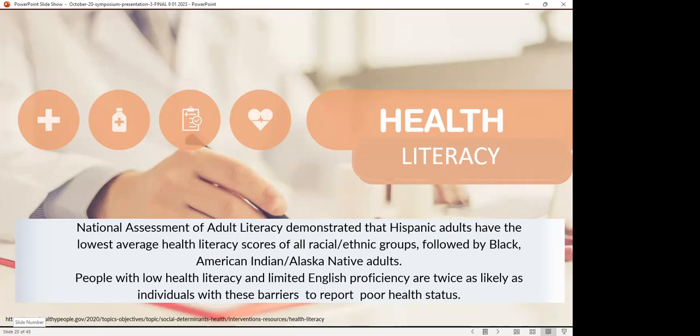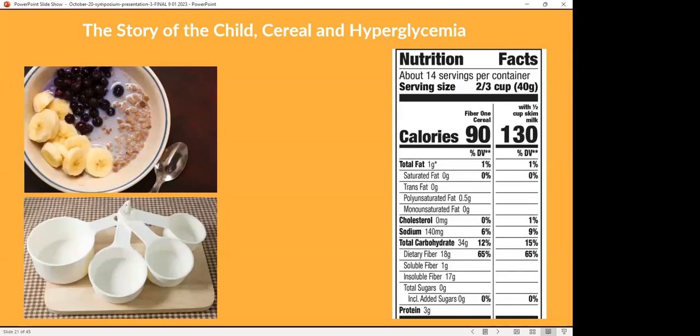So I want to give you a story. I think that stories exemplify what could happen. Here I have the story of the child, the cereal, and hyperglycemia.